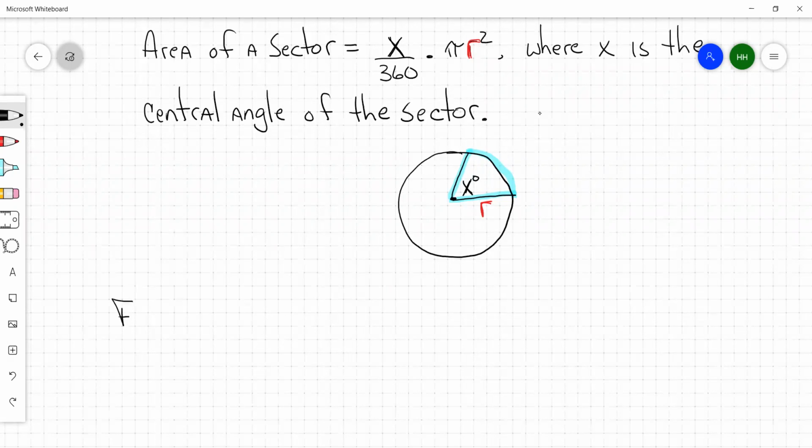So now we're going to find the area of the shaded sector.